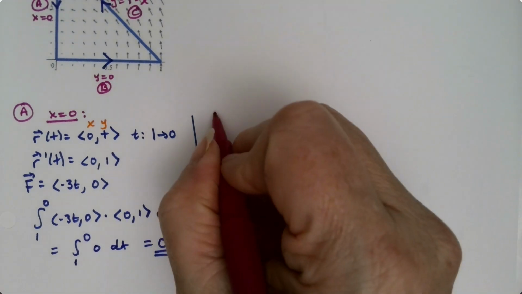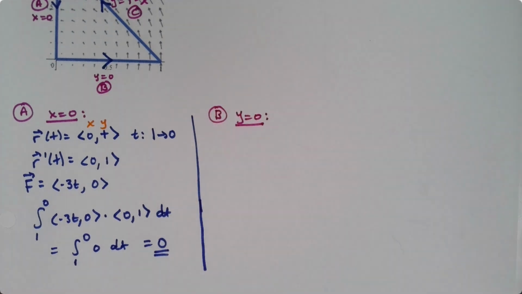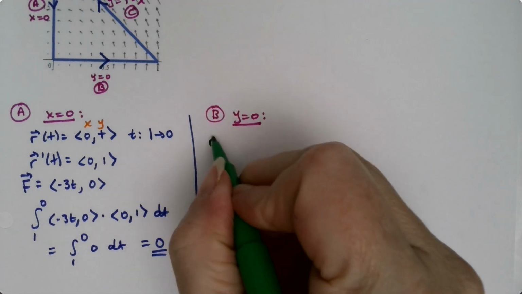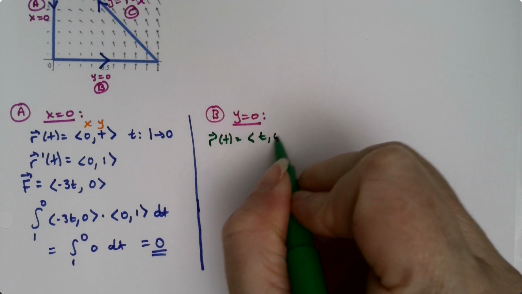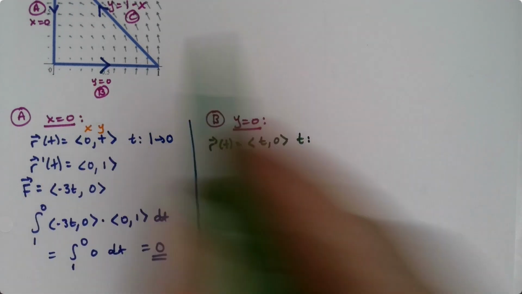Okay, so part B would be y equals 0. In this case, r of t is equal to t comma 0, where t is going from 0 to 1.